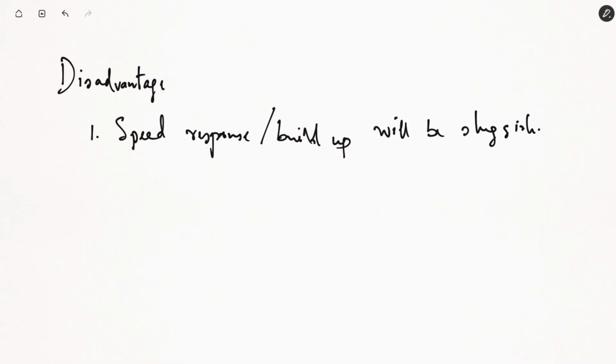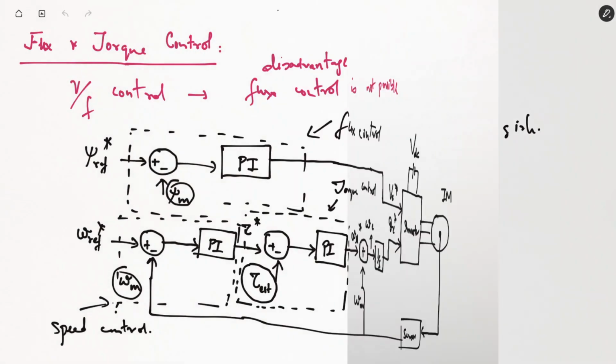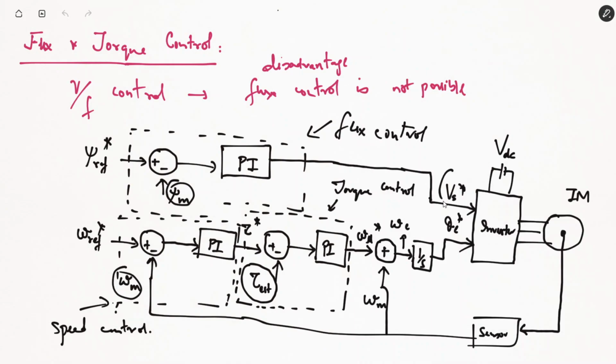Now, in order to improve the speed response, what we can do is, instead of varying the voltage, so far we have been dealing with voltage control only. In all the three cases, we were dealing with the voltage control.